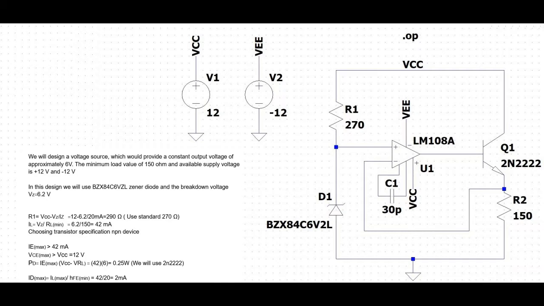Now, based on this available data from the data sheet, we will calculate the required resistor and the required current. So you can see these calculations for your reference. Based on this calculation, we will design the circuit.